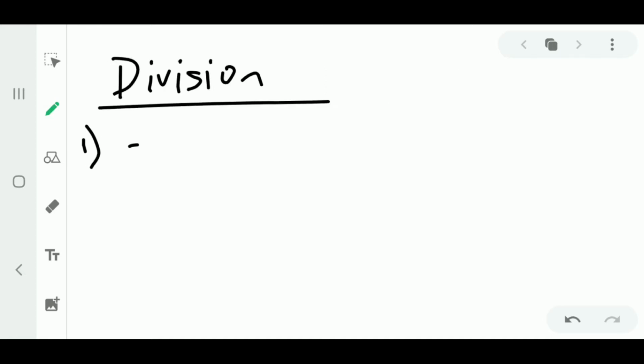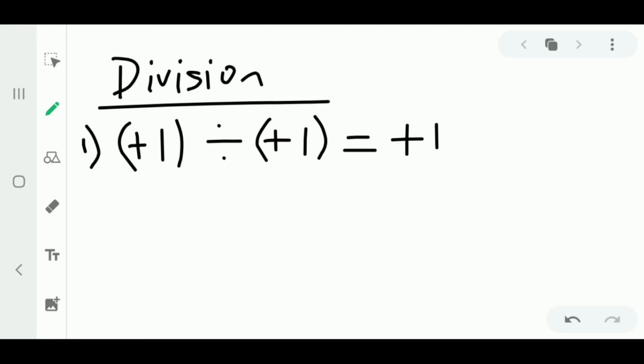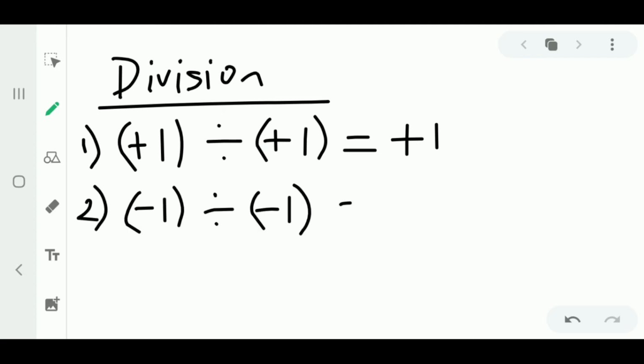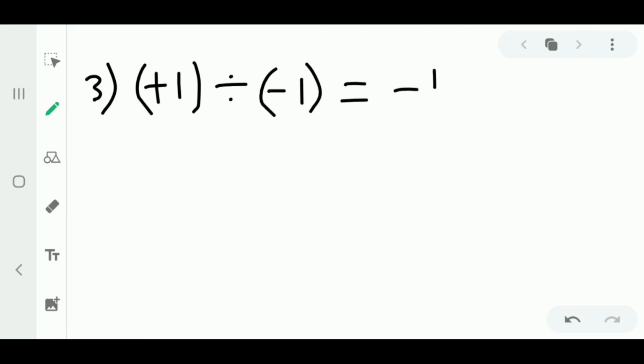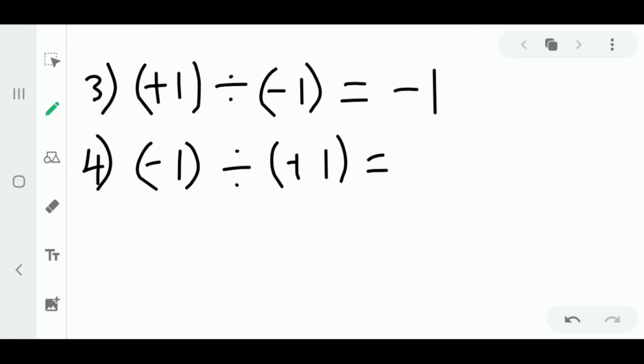So 1, a positive divided by another positive gives you positive. Number 2, negative divided by a negative gives you a positive. 3, positive divided by a negative gives you negative. 4, negative divided by a positive gives you negative.